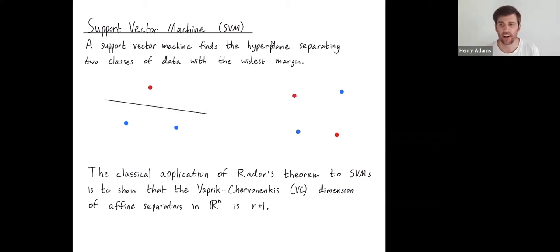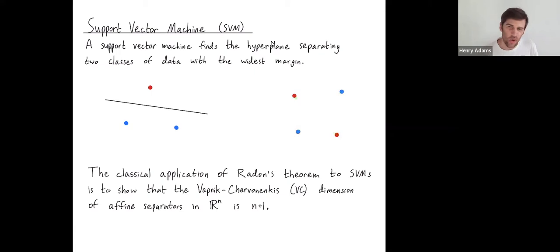But Radon's theorem can be used to prove that you can't shatter 4 points in the plane, because here's, for example, 4 points in the plane. Radon's theorem says I can always find 2 disjoint subsets, red and blue, whose convex hulls intersect right here.